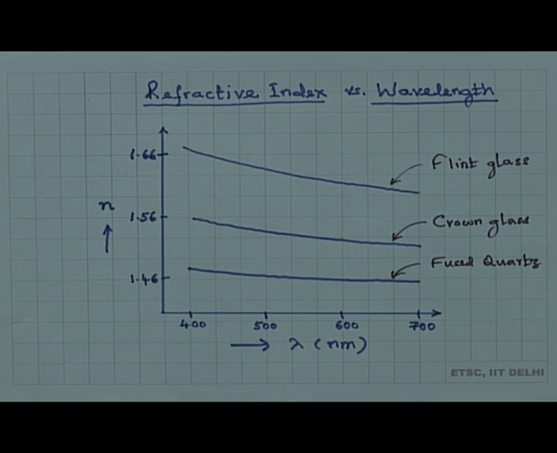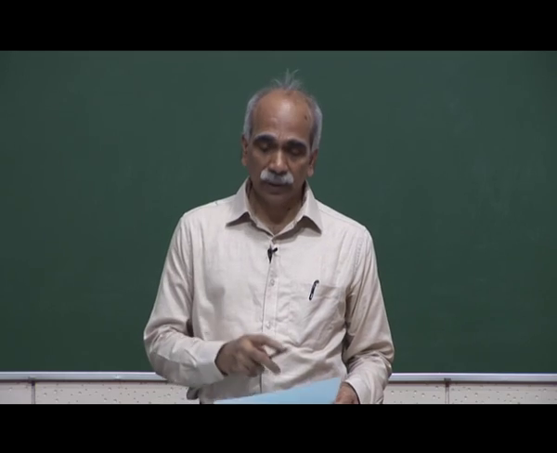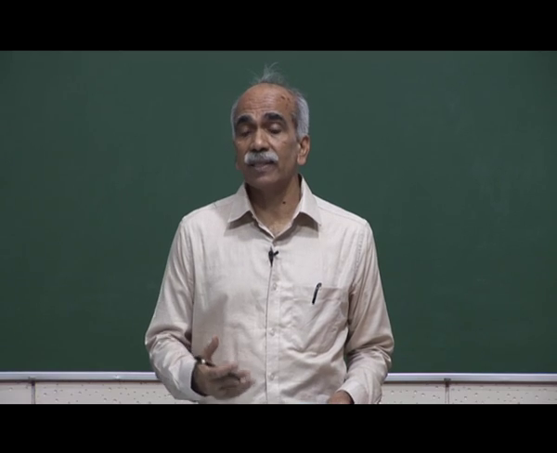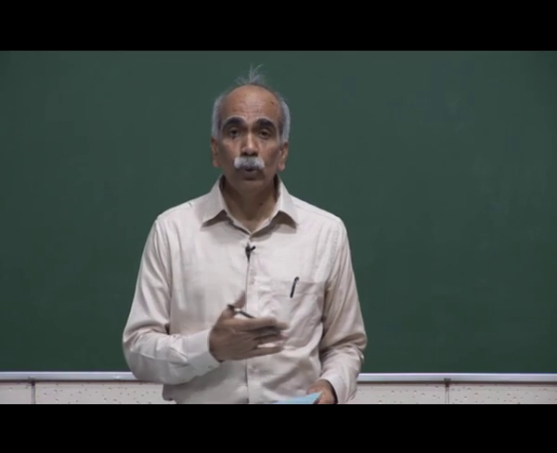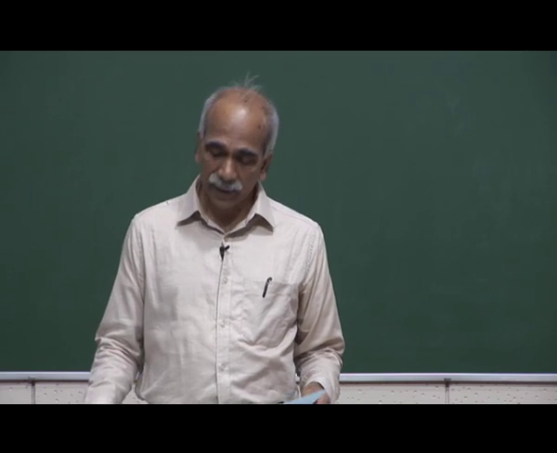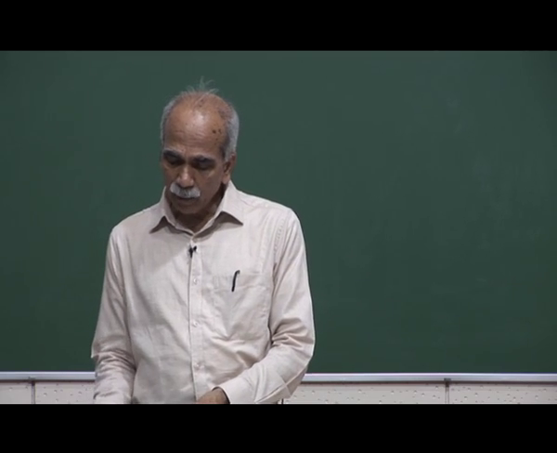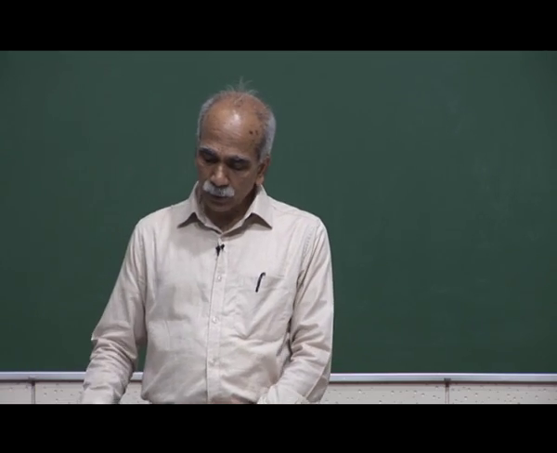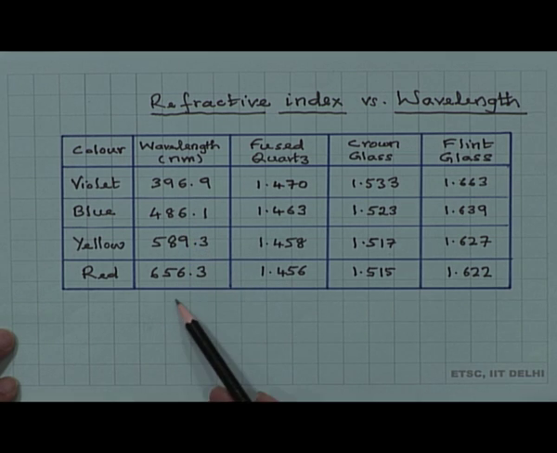Let me give some typical values so that we have an idea of the change in refractive index as we go from blue color to red or vice versa. In this table I have noted down the refractive index values for four different wavelengths.